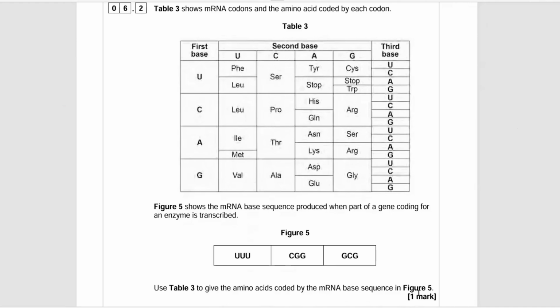So we're going to try and work out which amino acid is coded for by each of these 3 triplet codons on the mRNA. So we've got UUU, CGG, and GCG. We're really learning here how to read this kind of table 3, which is a very common table to be able to read when you're dealing with DNA.